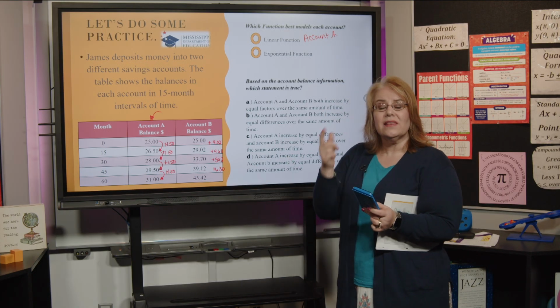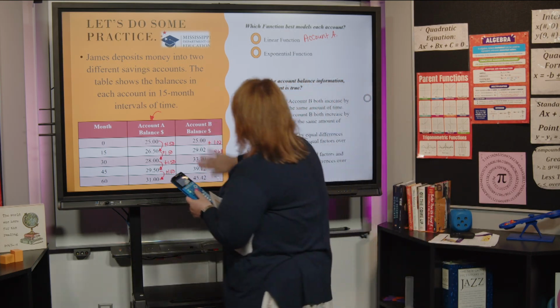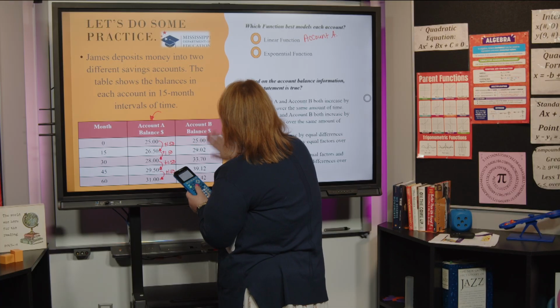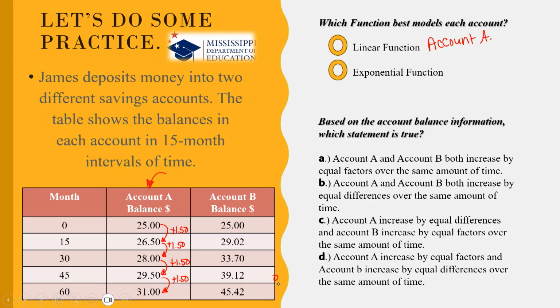Good, let's try division. All right, so I'm going to erase these and go back and see if we can try division. So let's say that I take 29.02 and divide it by $25. I get 1.16. All right, so then let's take 33.70 and divide it by 29.02. I get 1.16.